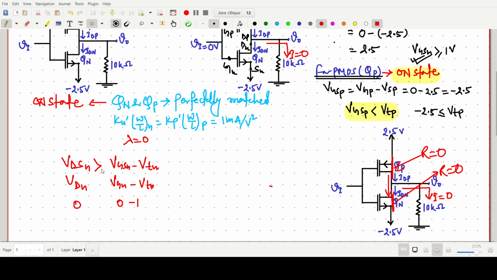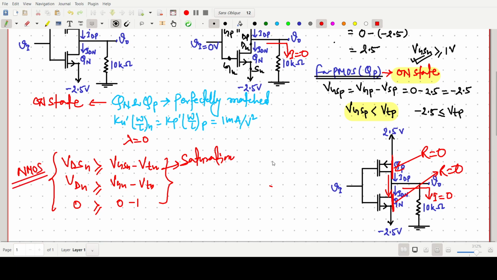So 0 is greater than minus 1. So this one is in the saturation region for the NMOS.